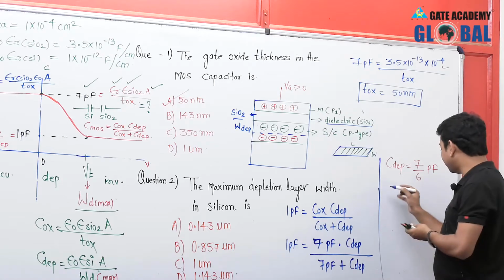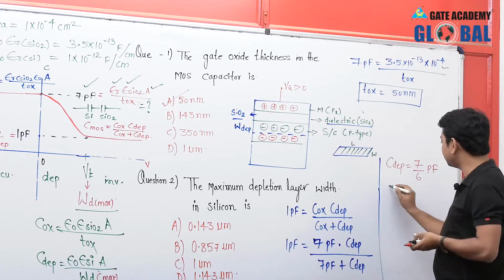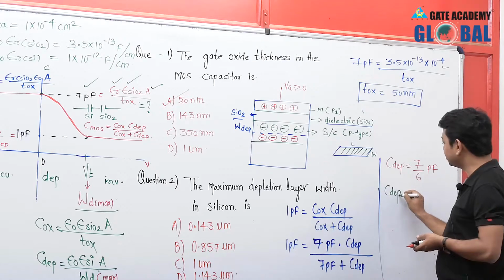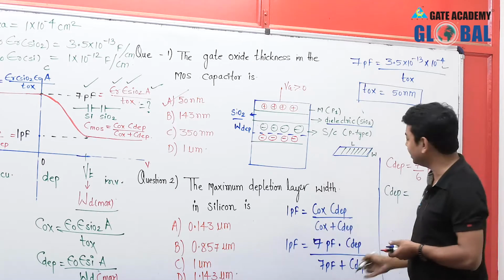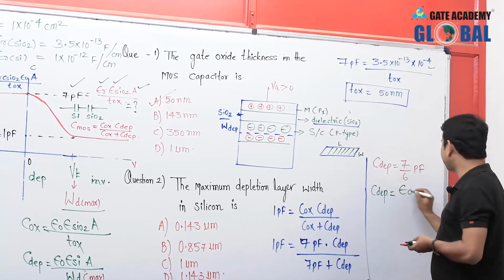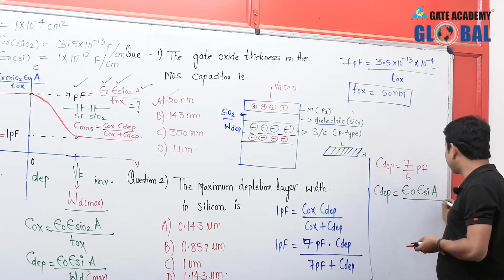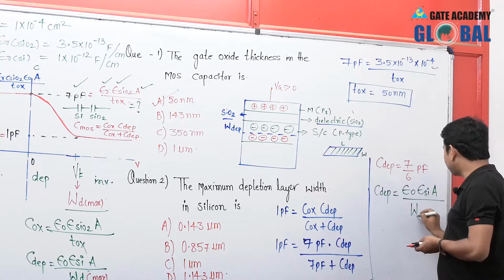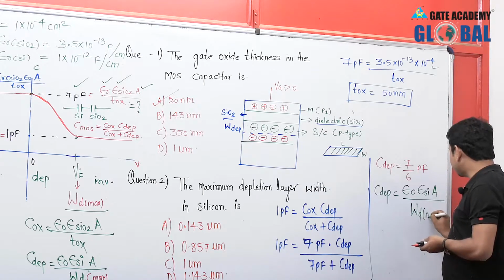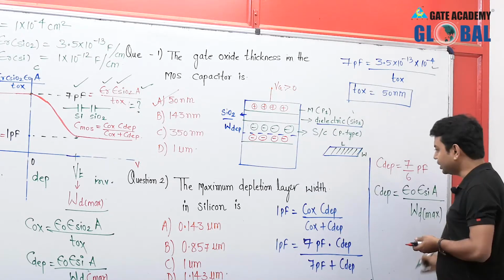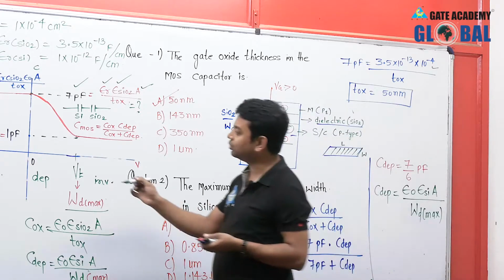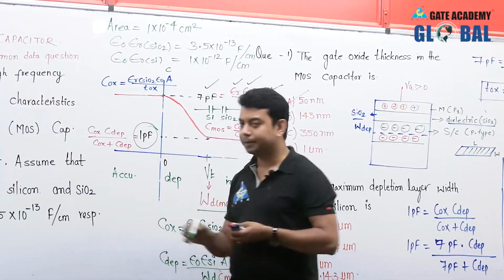Now use the second formula. What is the formula of C depletion? The formula of C depletion is epsilon naught epsilon of silicon into area of cross section divided by the width of the depletion region, which is maximum when we are taking this particular value, that is 1 picofarad.